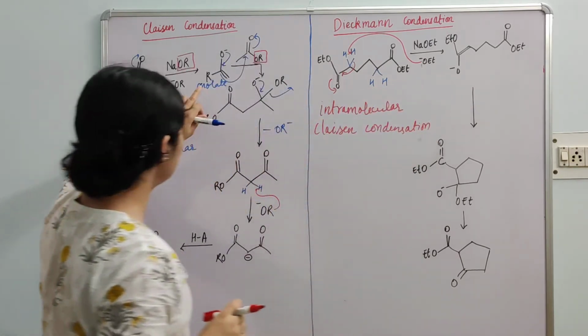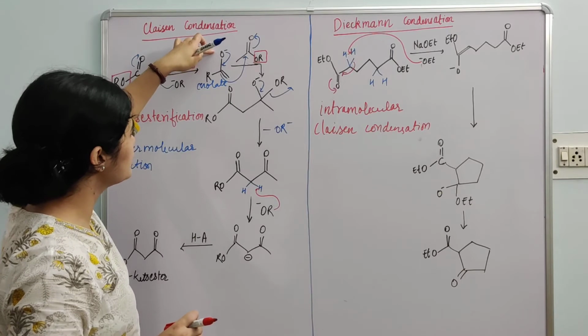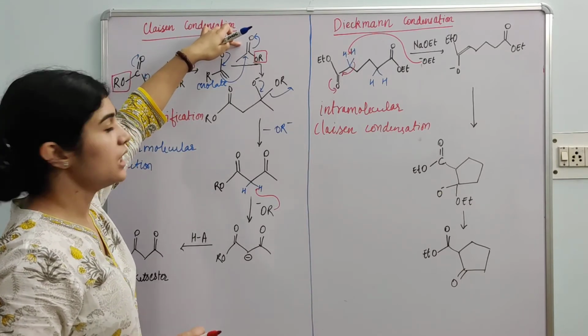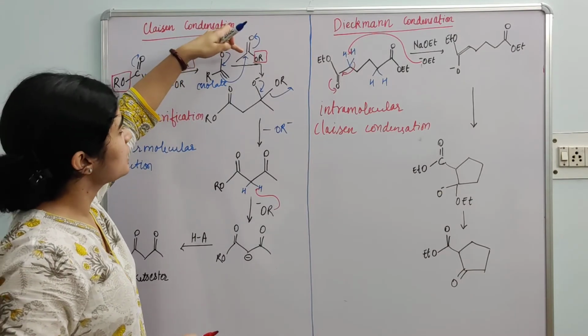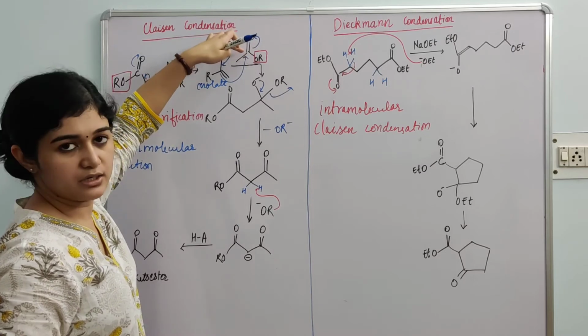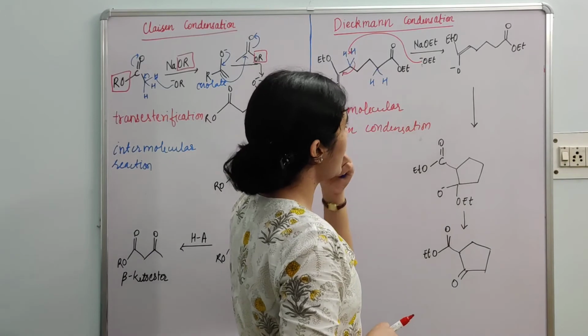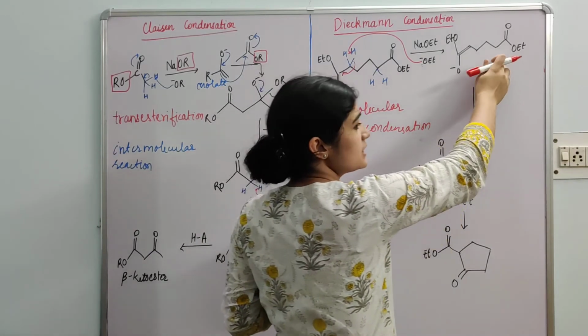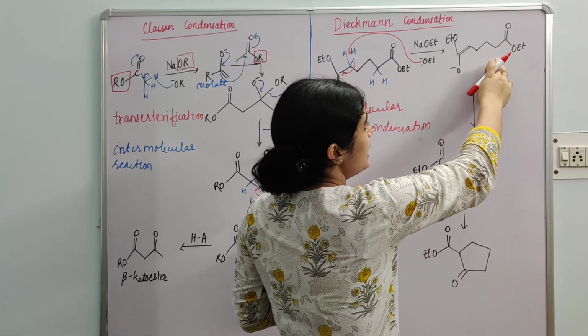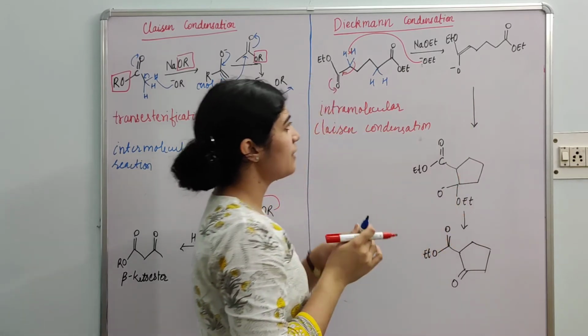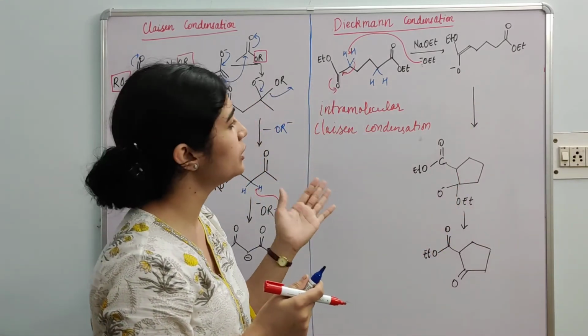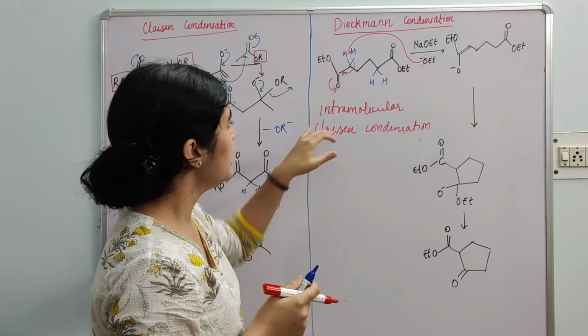Now what was happening in the previous reaction? When you had an enolate species, it was attacking another molecule of ester, attacking the carbonyl carbon of that second molecule of ester. But in this case, you have an ester group in the same molecule. And what happens when you have a possibility for both intermolecular and intramolecular reaction?